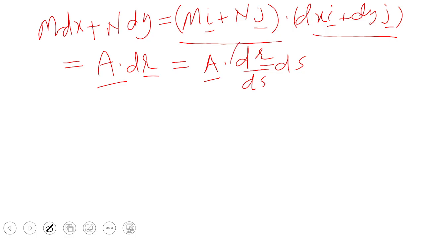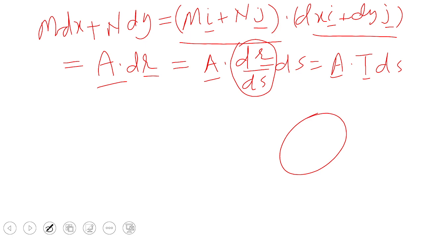We know that dr/ds is the unit tangent. So, this is vector A dot unit tangent ds. In fact, we have a closed region in the xy plane.